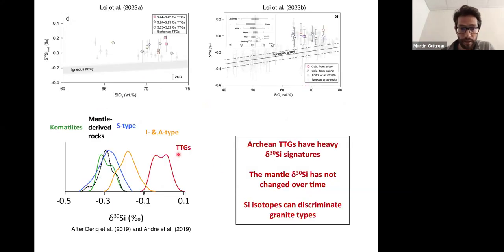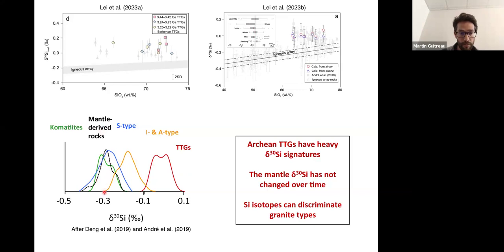And this is something that was previously shown by Deng et al. 2019 and André et al. 2019. But to be able to make sense of these variations, we had to show that the mantle composition did not change over time, which is what we actually did in the Deng et al. paper, where we analyzed komatiites and modern-day mantle-derived rocks.